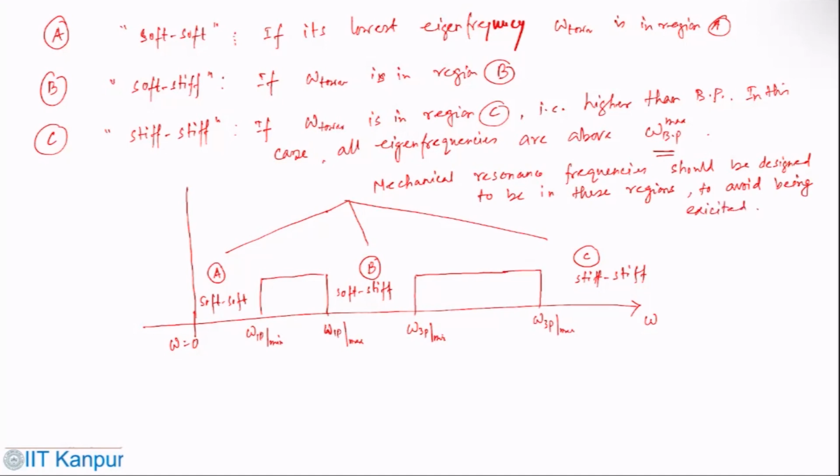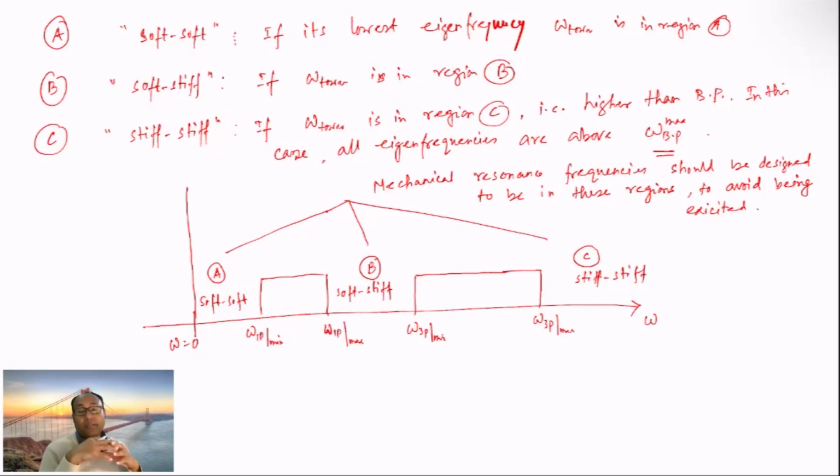So that means when this design has to be done, one has to take into consideration where the mechanical resonance frequencies should fall so that you can avoid this resonance.